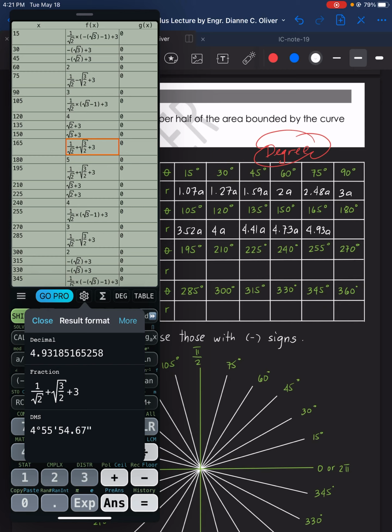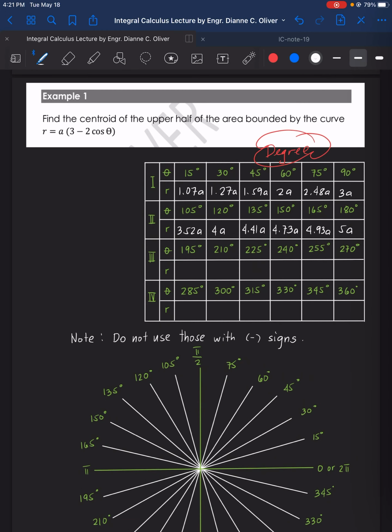Then 180 is 5A. We need to stop there because in the problem it says, find the centroid of the upper half. When you say upper half, we will just consider two quadrants, which are quadrant 1 and 2. So if we are considering quadrant 1 and 2, we will just fill the table on quadrant 1 and 2.